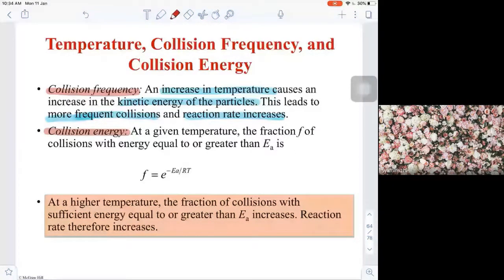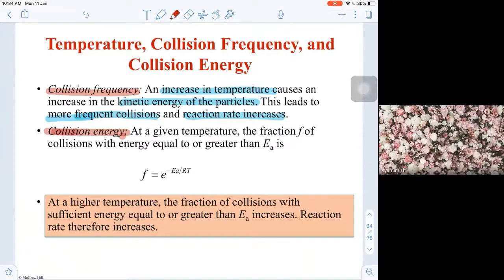If, let's say, a temperature increase of 10 Kelvin doubles the rate, it means it increases by 100%, right? It doubles. But only 4% is contributed by the increase in the frequency of the collision. So where does the other 96% come from? That is actually the effect on the collision energy.